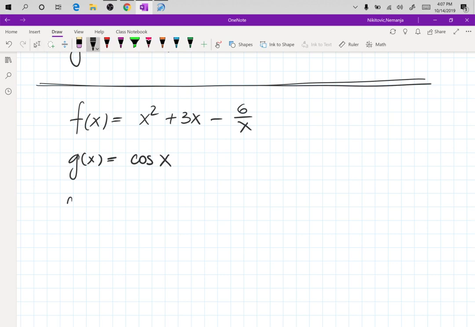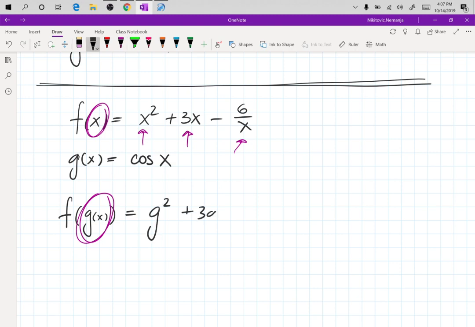So now, f composed with g of x is, well, I hope you guys see that the x over here is replaced by g of x. So just replace each x over here with g, right? That's the way we think about this. So this is technically g squared plus 3g minus 6 over g, if you want to think about it that way. And then you just plug in g.